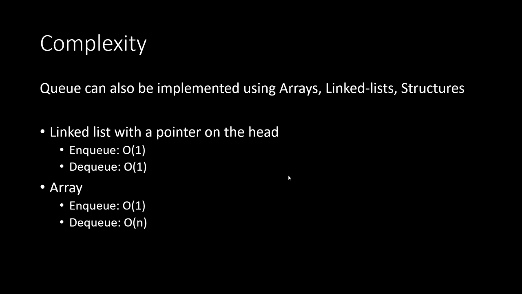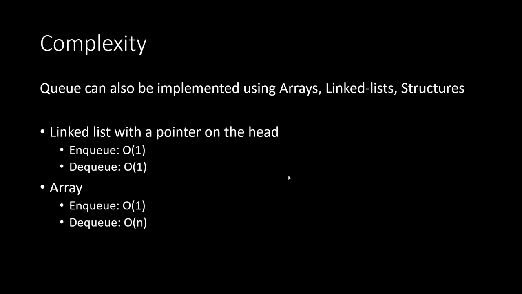If you look at dequeue, it is O(n). For folks who understand complexity, O(n) basically means that it has a correlation with the number of elements in that queue. So based on the number of elements, the complexity will be determined. Why are we saying O(n) here and not O(1)?